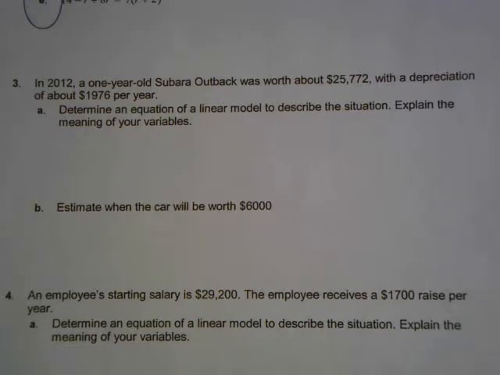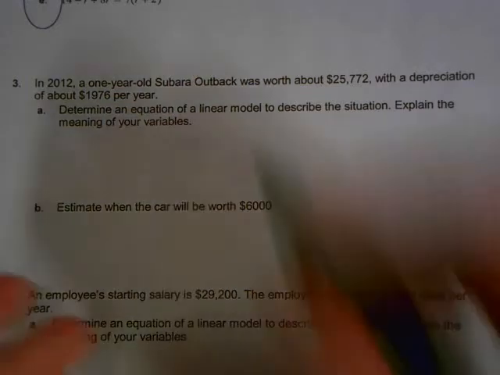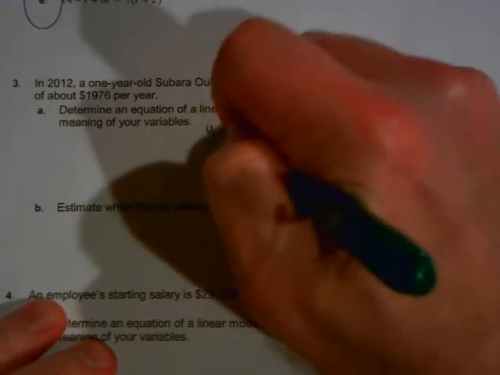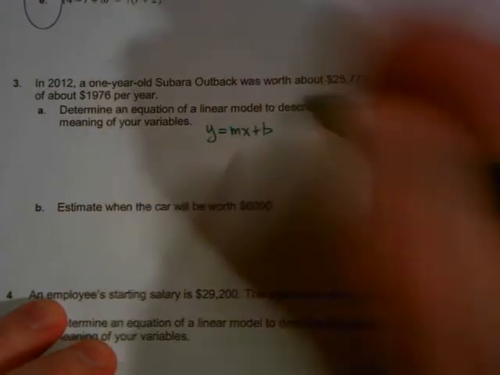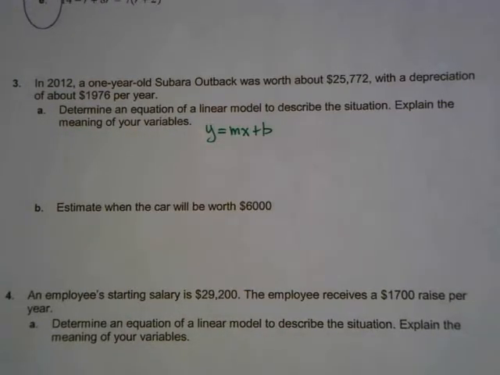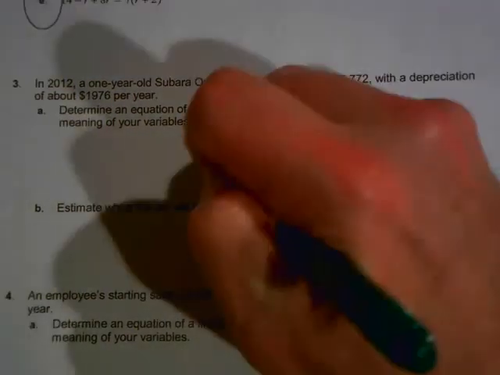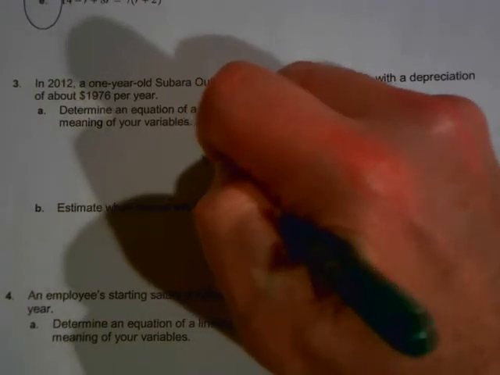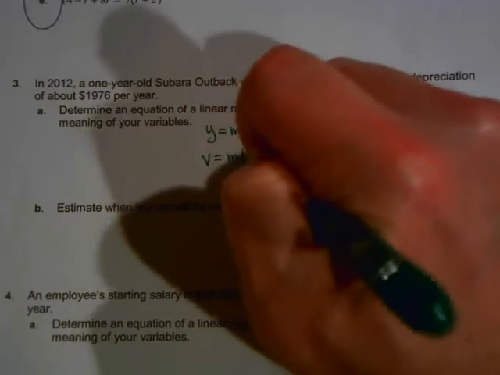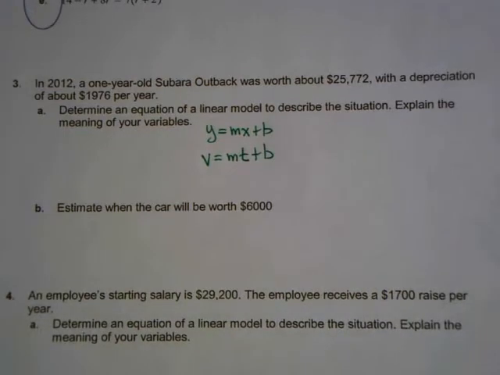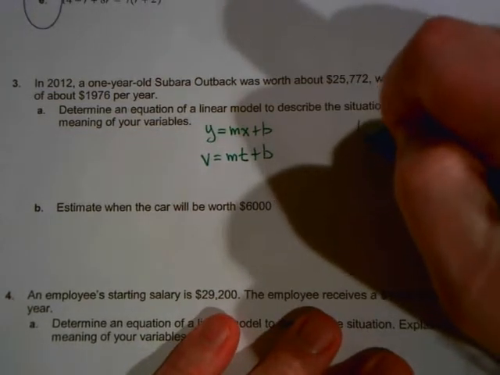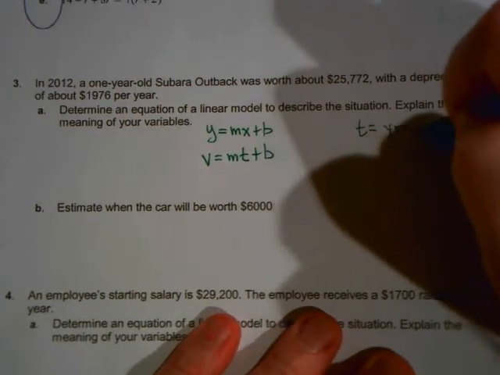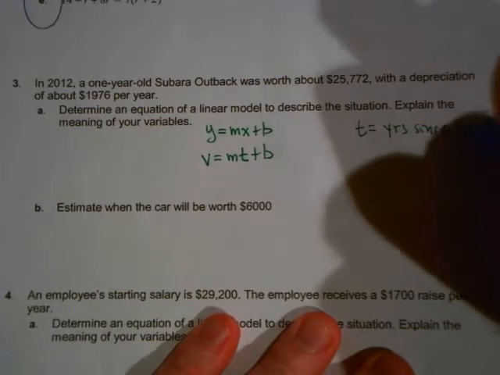Normally when we write a linear equation, we write y equals mx plus b. I'm not going to use y equals mx plus b. I'm going to use v equals mt plus b, where t is years since 2012 and v is the value of the car.